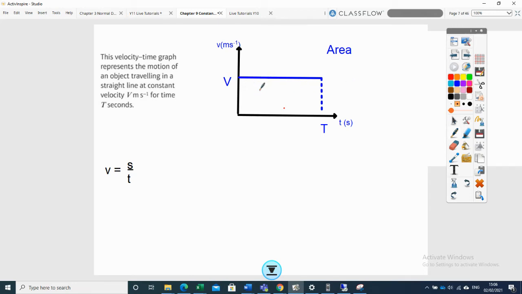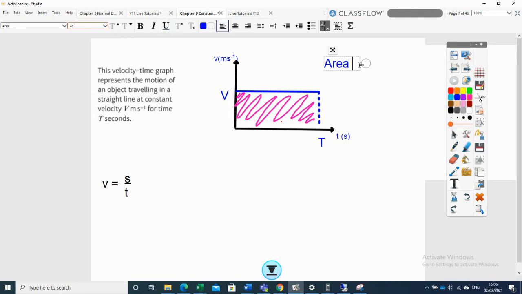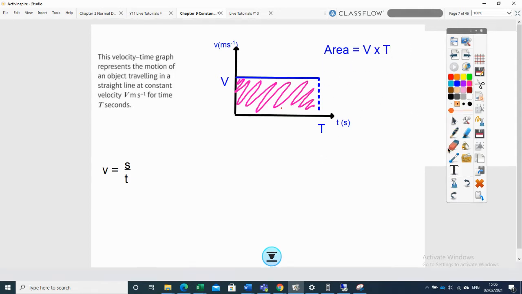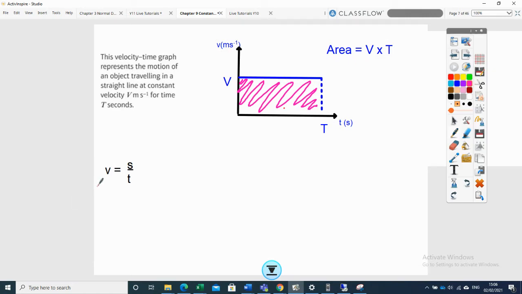Looking at this graph, we have a constant velocity over a certain amount of time. So the velocity is v and the time is t. Let's consider what the area means on this graph. The area underneath the graph is equal to v times t. If we think back to our displacement velocity time formula from the previous chapter, velocity is equal to displacement divided by time.